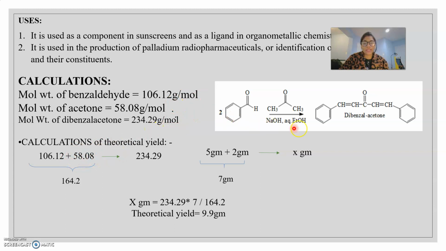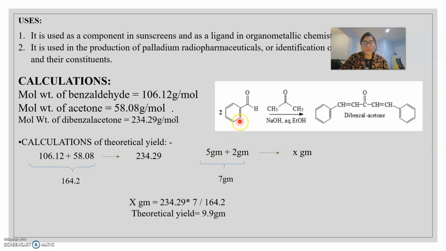Then how are we going to calculate? We write the reagent, and the dibenzalacetone will be placed here, reagent equals product. Then, as one step, we write here the amount that we took in the practical.